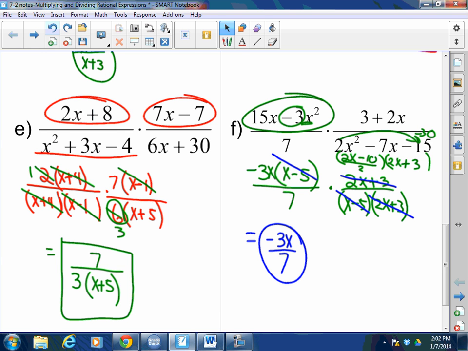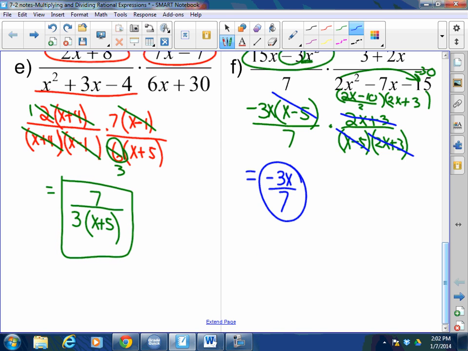Please, guys, be sure to really understand this whole factoring out a negative thing. If I've got, for example, negative 7 plus x, or 7 minus x, I don't want that. What I'm in essence doing is dividing a negative 1 into everything.